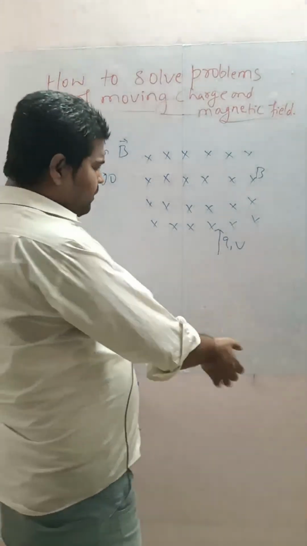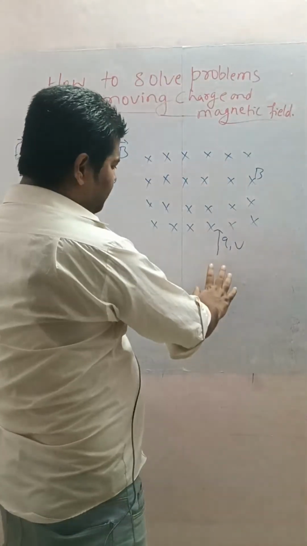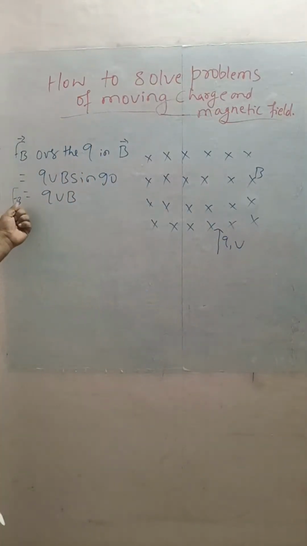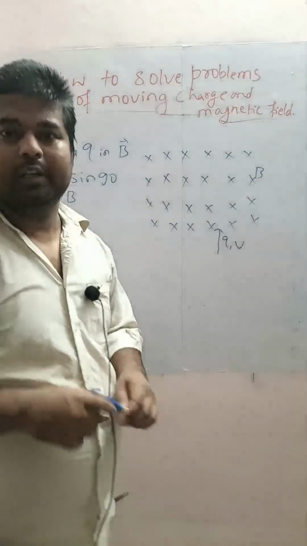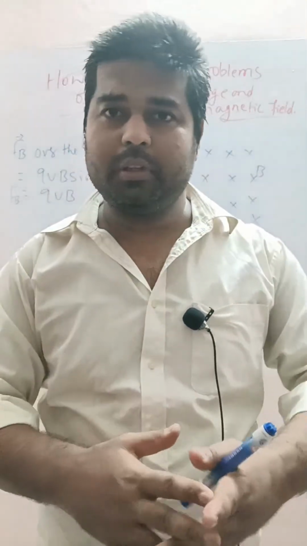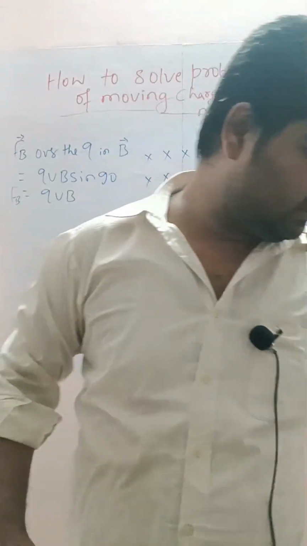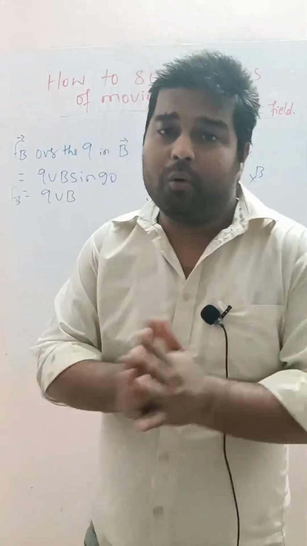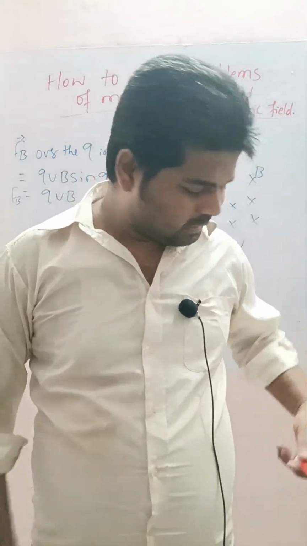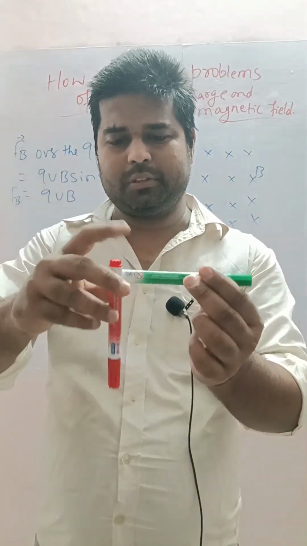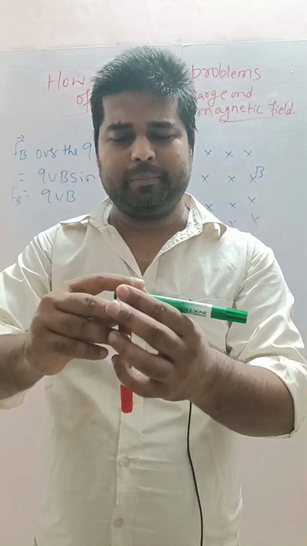And as we know, if a charge is moving with velocity v, remember one thing, the magnetic force is the cross product of the velocity vector and the magnetic field vector, and the cross product is always in the third plane. Remember one thing, as I'm showing you again, see this. This is magnetic field, this is the direction of charge movement, means velocity v.